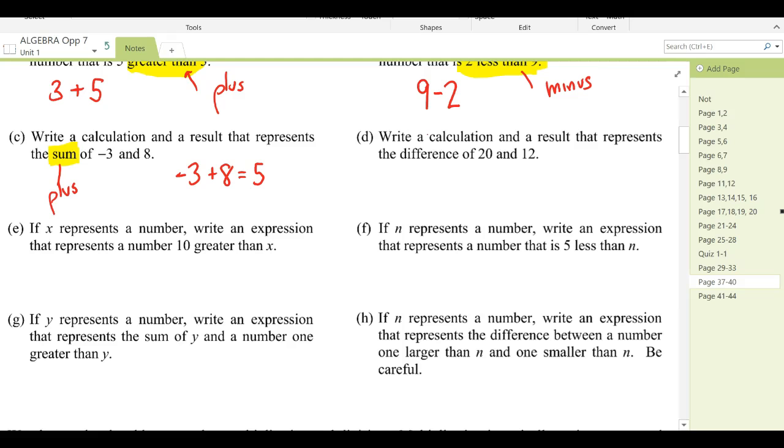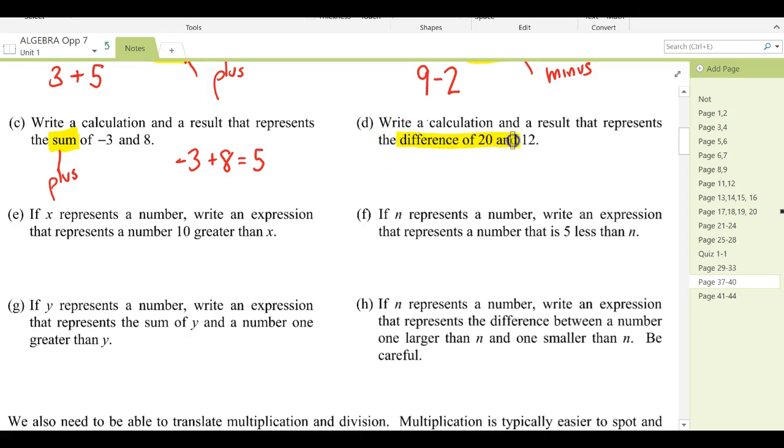All right. Letter D. Write a calculation and a result that represents the difference of 12 and 20, or 20 and 12. Difference means, no, I'm a terrible speller.